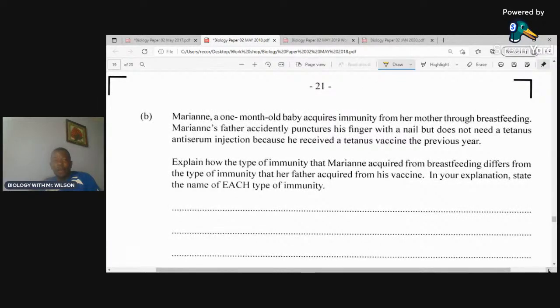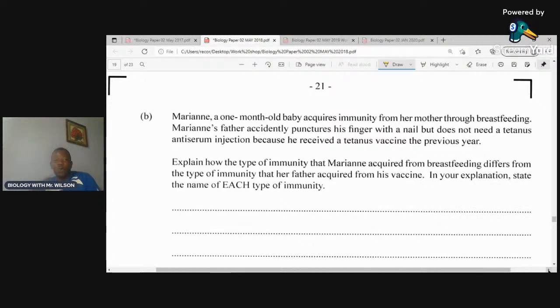Marianne, a 1-month-old baby, acquires immunity from her mother through breastfeeding. Marianne's father accidentally punctured his finger with a nail but does not need a tetanus antiserum injection because he received a tetanus vaccine the previous year.